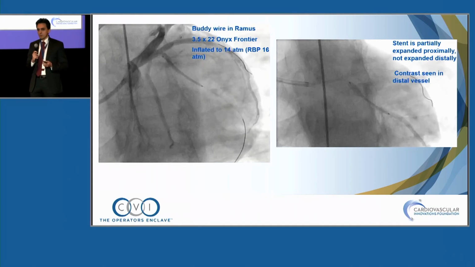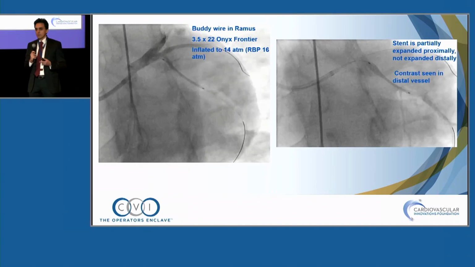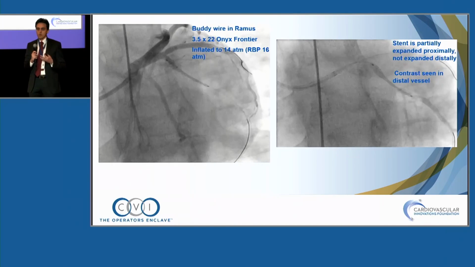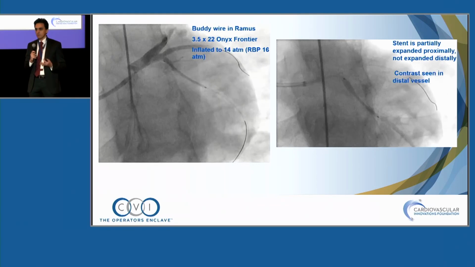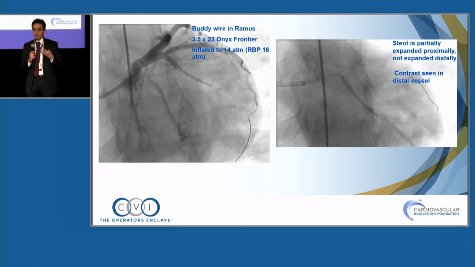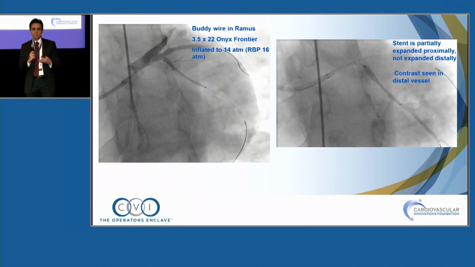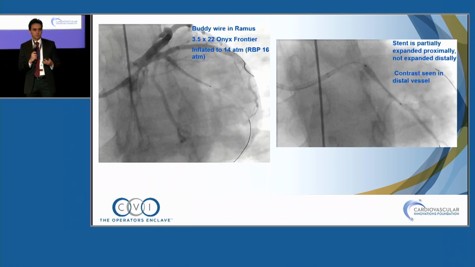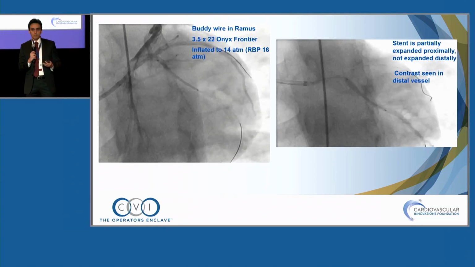Additional angiographic pictures were taken, and it confirmed that the stent itself was only partially expanding proximally and was not expanding at all distally. We can also see that as we further inflated the balloon, contrast was going into the distal vessel, which confirms our concern that a stent balloon rupture has happened.